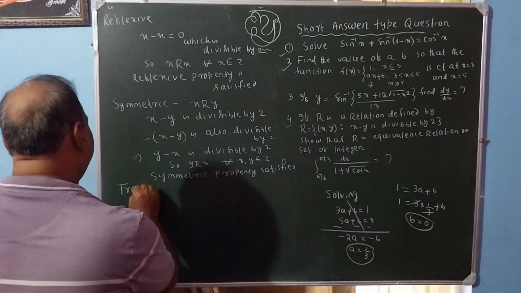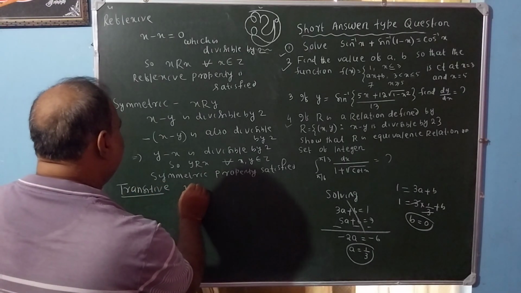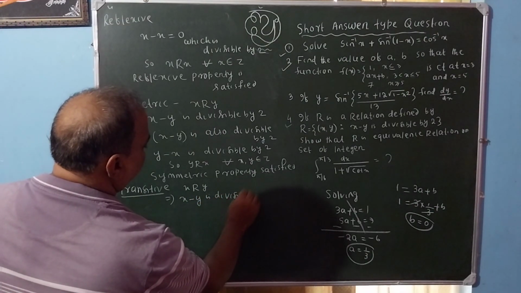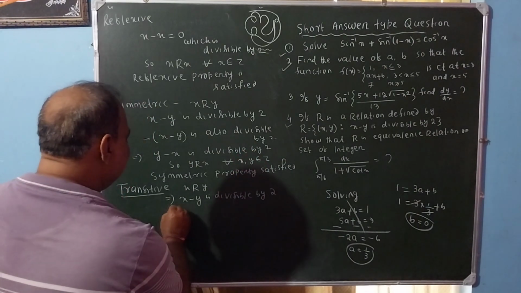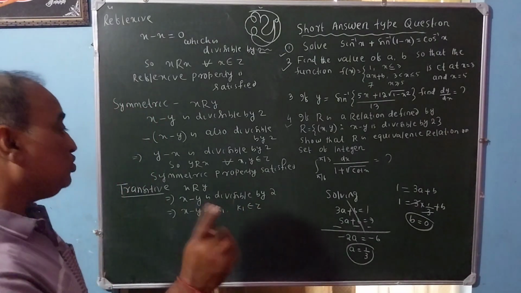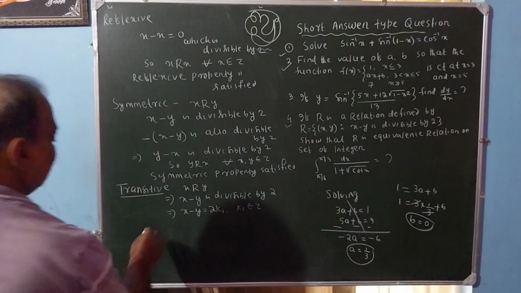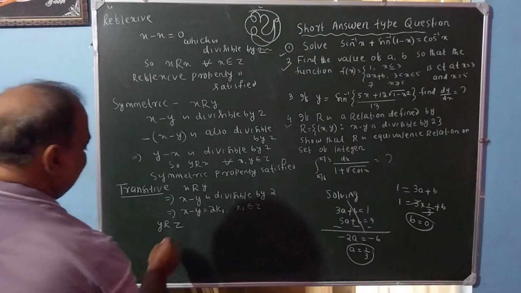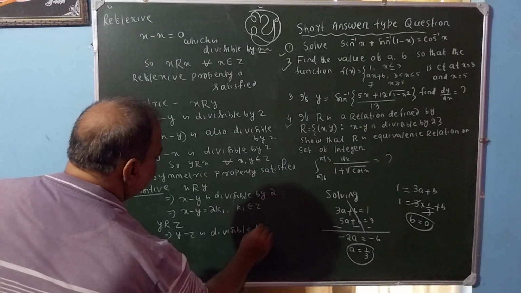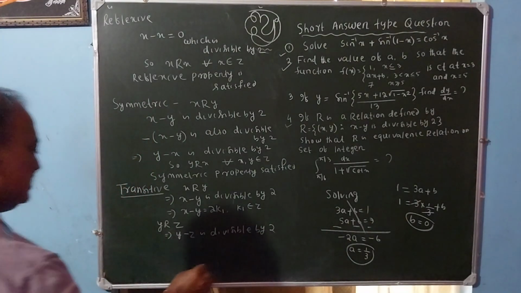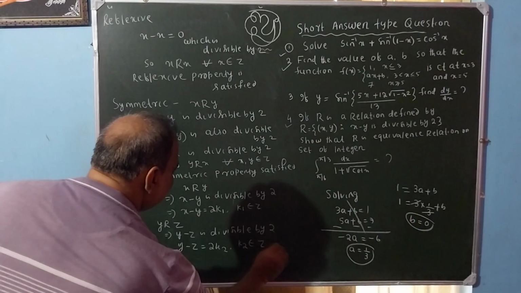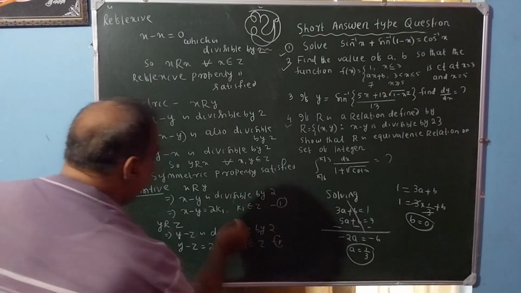Write down transitive. x related to y implies x minus y is divisible by 2, that means x minus y is equal to 2k1, k1 belongs to Z. Again, y related to z implies y minus z is divisible by 2, that means y minus z is equal to 2k2, k2 belongs to Z. This is equation 1 and this is equation number 2. Now adding 1 and 2.